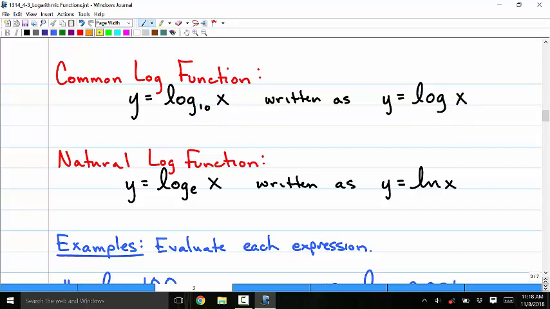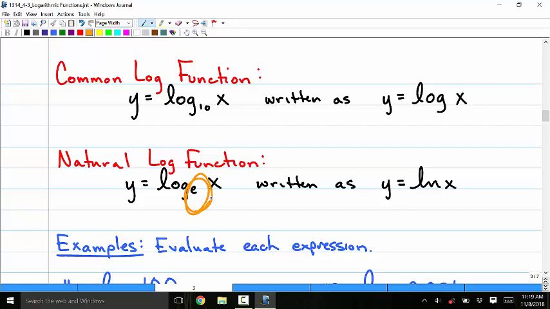Whenever you see the square root of x, do you write it with a 2? No, that 2 is understood to be there, right? Same thing here. If you don't see anything written there, it's understood to be a 10. And log base 10 has a special name. It's called the common log.